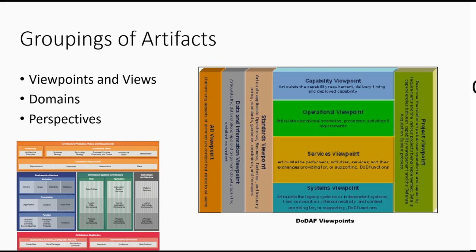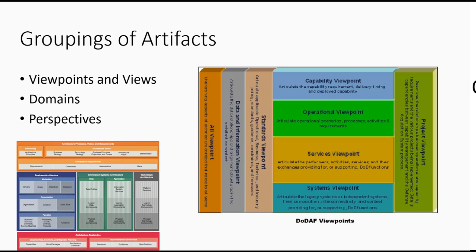And then there are perspectives, which are used along the side of a Zachman-like matrix in SABSA or in Zachman. These 3 things are essentially interchangeable, but not exactly. They're parallel constructs, parallel concepts, but they are not identical.